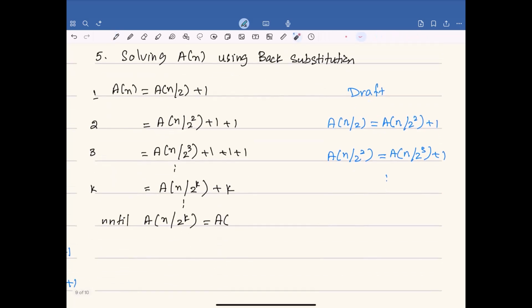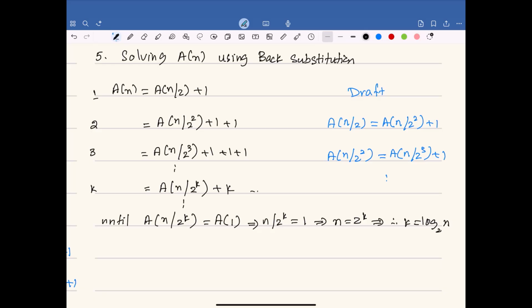So we substitute here and we say equals to 1. Equating the two parameters, n over 2 raised to power k is equal to 1. So n is equal to 2 to the power of k, and from here k is equal to log base 2 of n.